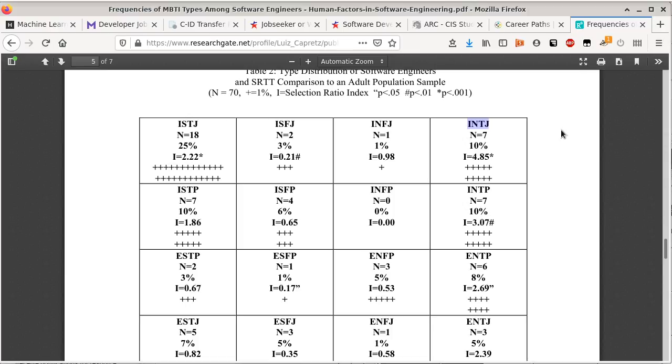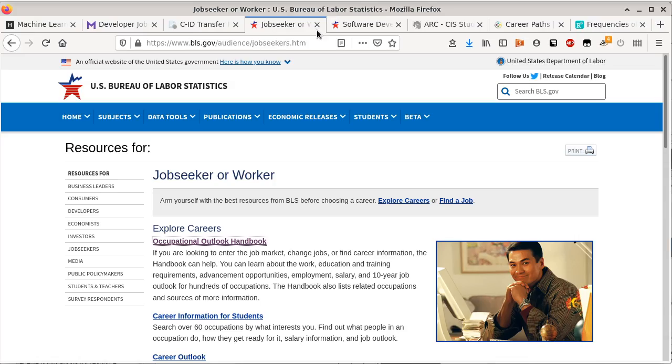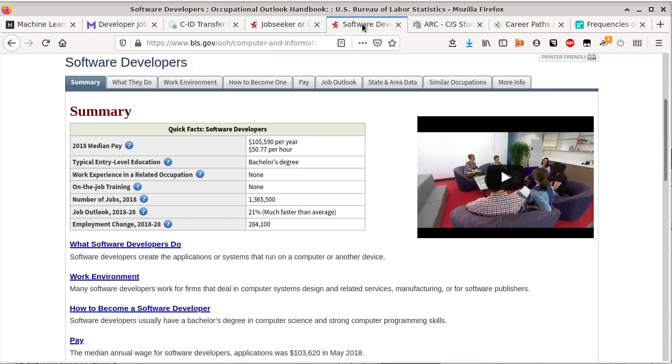Like, is this potentially a good match for me? Yes, it is. Okay, good. Then we go to the Bureau of Labor Statistics and look at the job outlook. By the time I graduate after 4 years, or a little bit more, will there be jobs for me? Yep, that seems pretty likely.